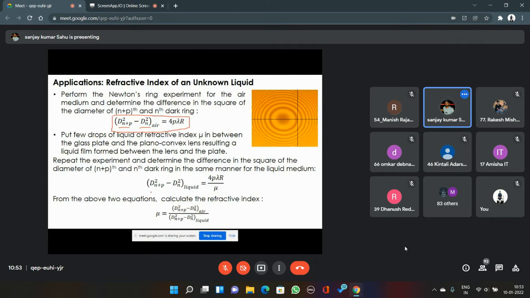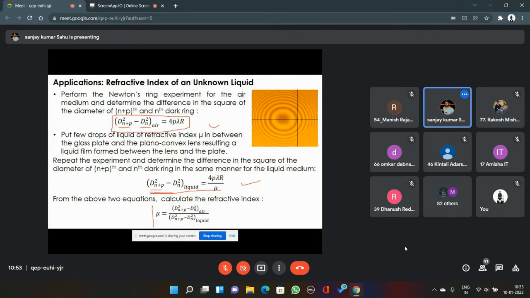So for the Newton rings generated by placing the liquid between the convex lens and the plain glass plate, if you measure D(n+p) square minus D(n) square, it will be equal to 4pλR divided by μ. Now divide the equation for air by the equation for liquid. D(n+p) square minus D(n) square of air, divided by D(n+p) square minus D(n) square of liquid, is going to give you the refractive index of that liquid.